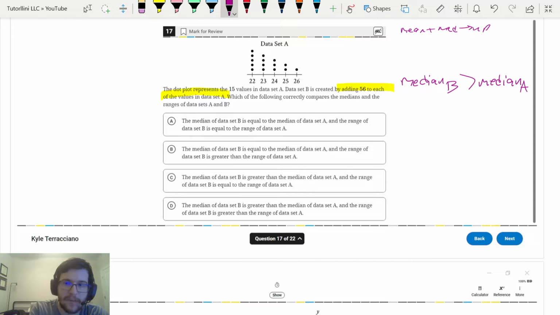But when you add a number, measures of spread like range and standard deviation stay the same. It's different when you multiply by a number, but let's see if we ever get a question like that before we talk about that. This is one of the first times they've asked something like this.